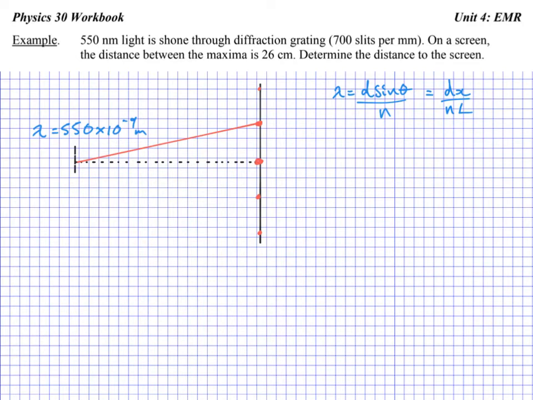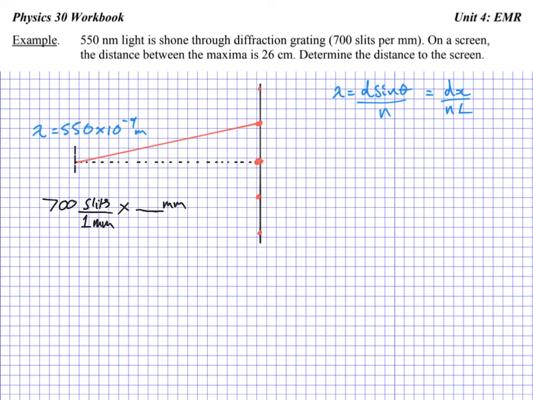What we have to realize is that if we have 700 slits per millimeter, let's write this out. We'll use unit cancellation to do this. 700 slits per, well, when we say millimeter, we really mean 1 millimeter, don't we? So there's 700 slits per every 1 millimeter. Let's cancel this out with some unit cancellation. In other words, we're just going to multiply by ratios which we know to be true.